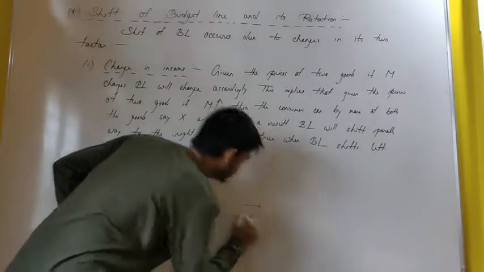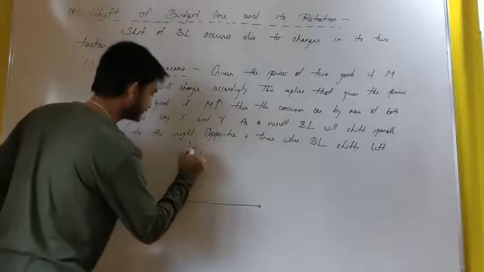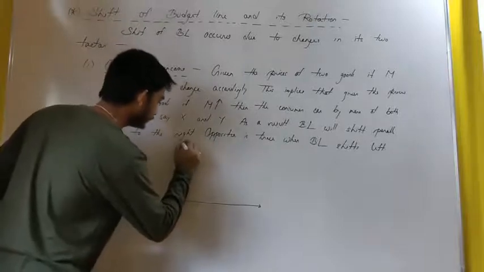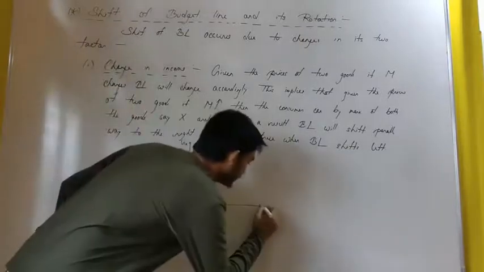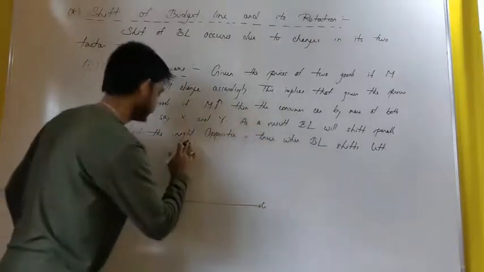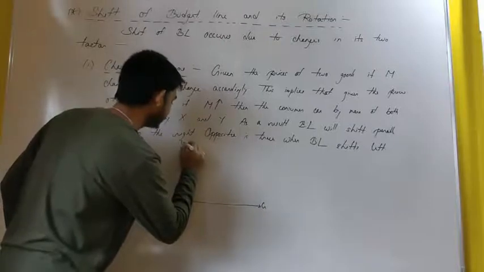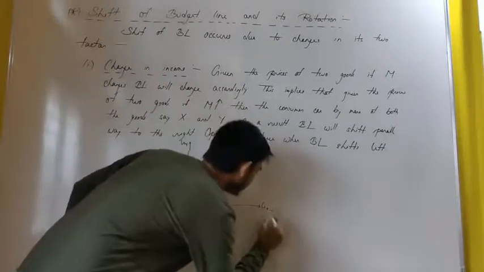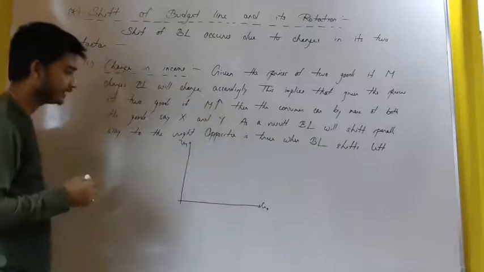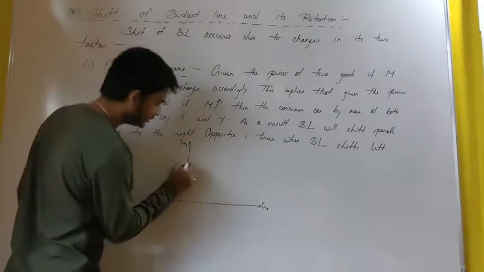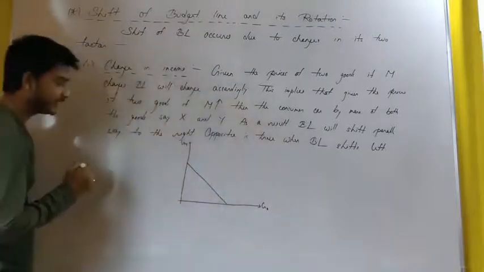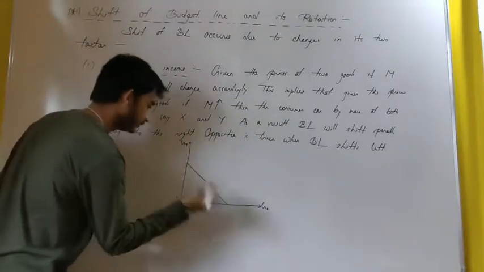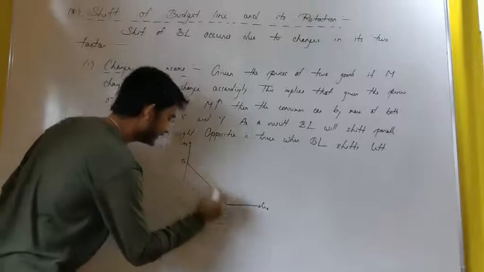So first, let's draw two axes. In the vertical axis, we are measuring good Y. Sorry, my mistake. And in the horizontal axis, we are measuring good X. The initial budget line is given by, give it a name, say BL.